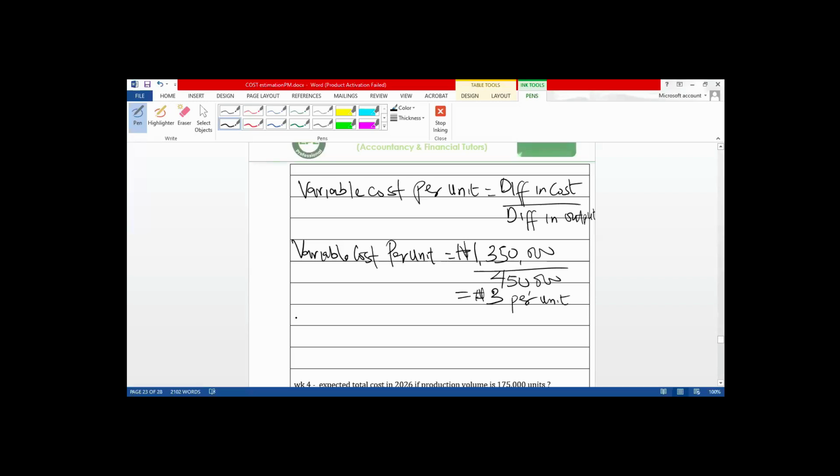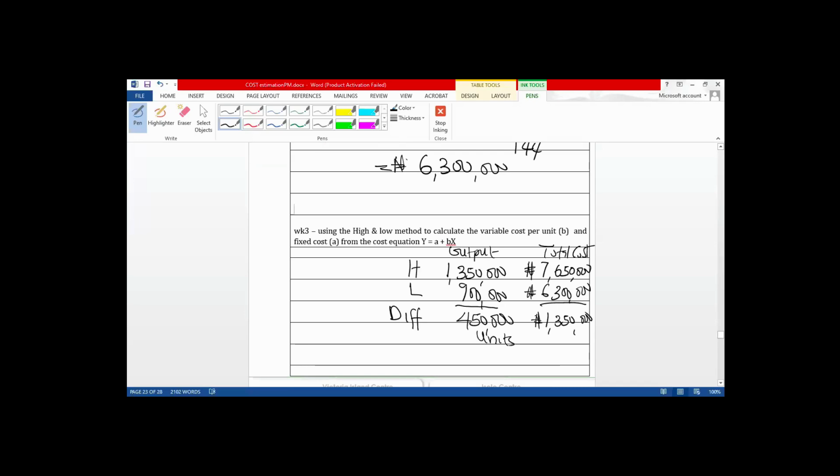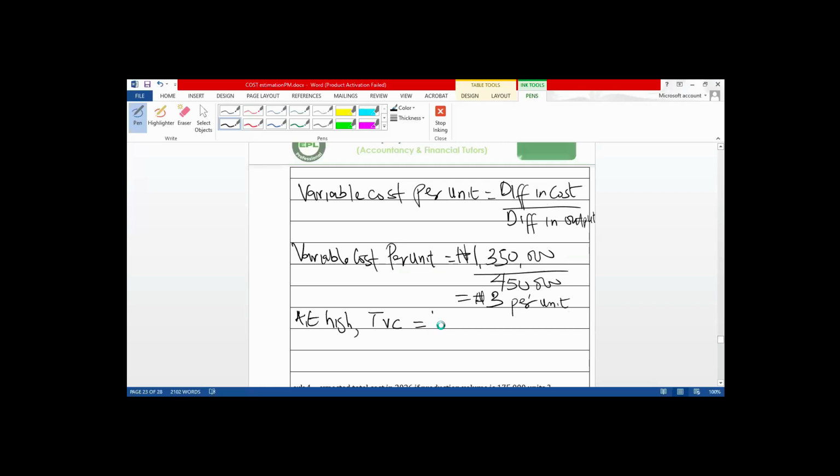Choose one. At high level, our total variable cost is equal to 1,350,000 units multiplied by the variable cost per unit, 3 naira.